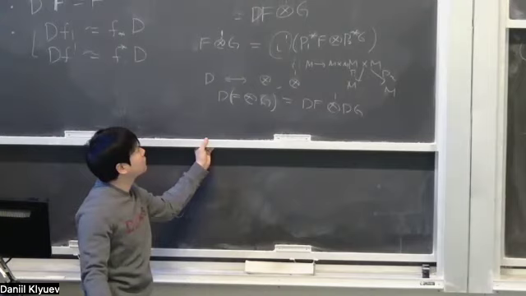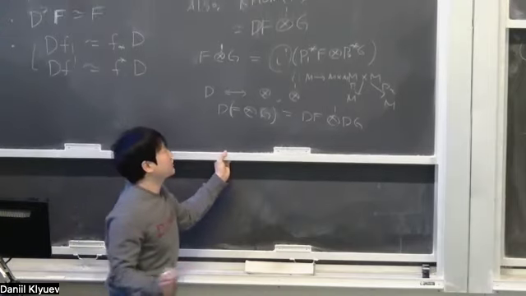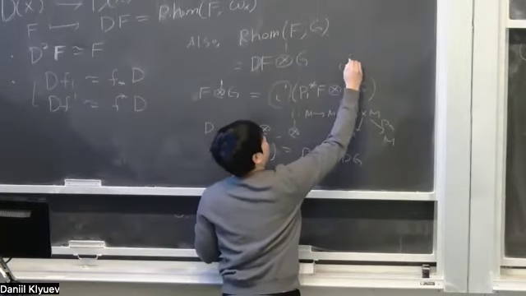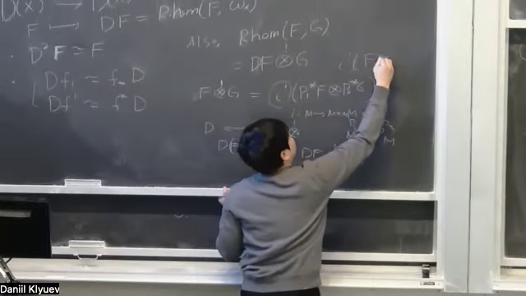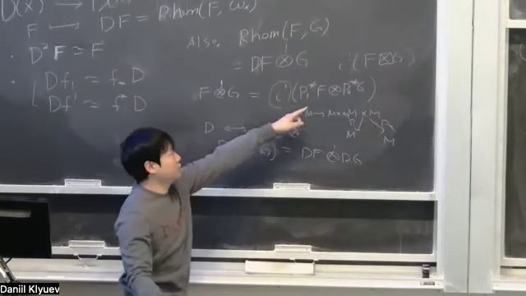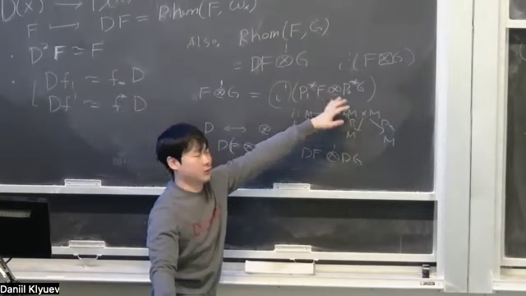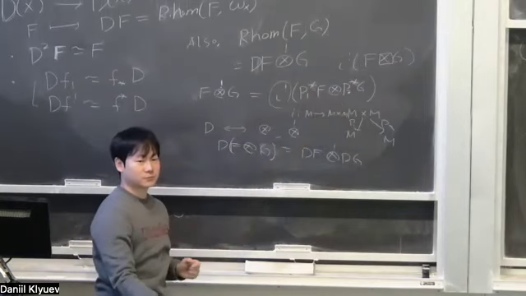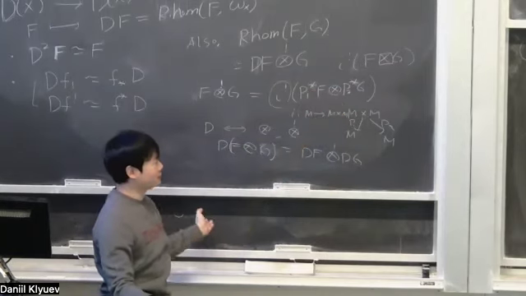Yeah. Well, it's actually defined as a shriek of F tensor product G. So I think it should be inverse star also here.